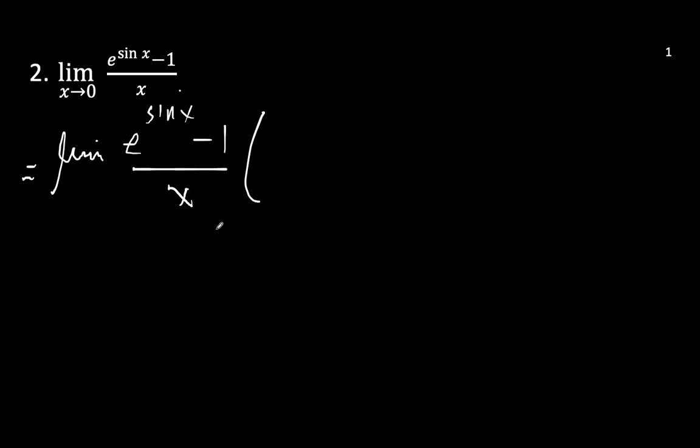So what we do is we multiply both sides by sine x. Both sides means the numerator and denominator by sine x. Multiplying the numerator and denominator by sine x is just like multiplying it by 1 as x approaches 0, of course.